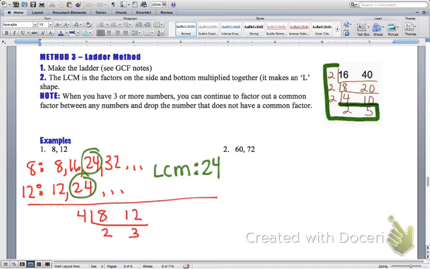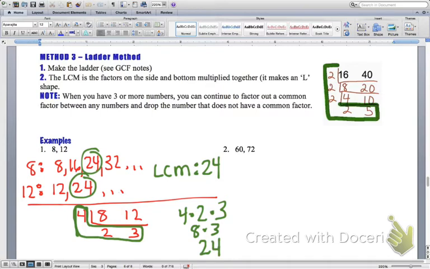And using the ladder method, I cannot go any further because 2 and 3 are prime. So for the ladder method, my LCM would be me taking these numbers and multiplying them, which would be 4 times 2, which is 8, and then multiplied by 3.